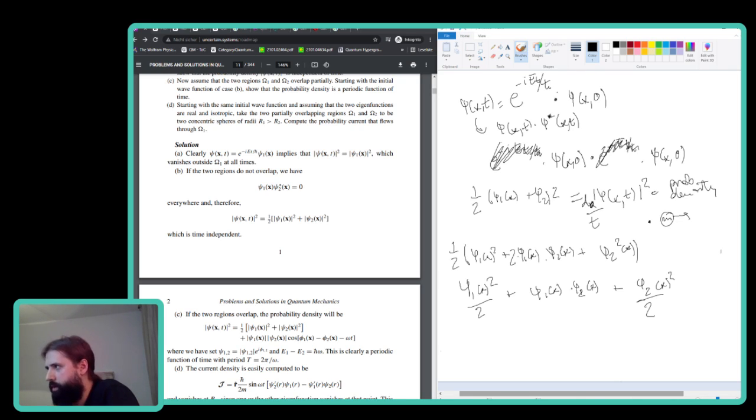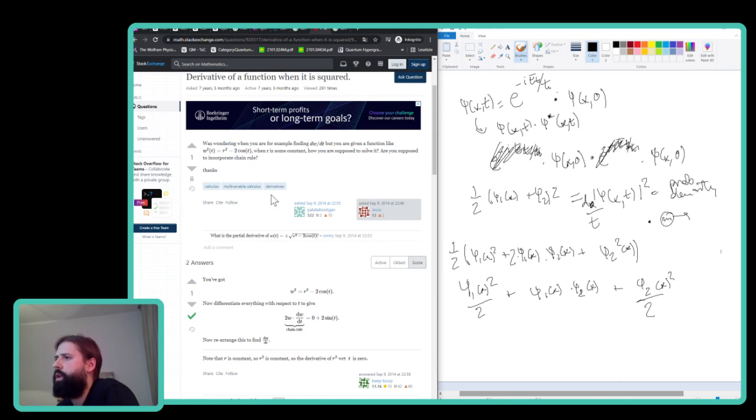Now, the derivative of this is the derivative of each of these components, right? I think I just calculated that, didn't I?